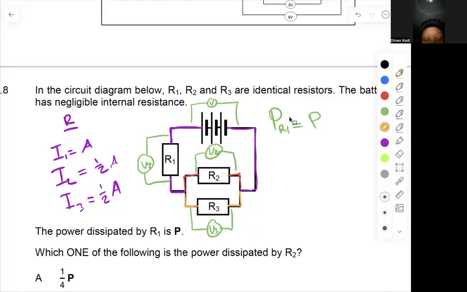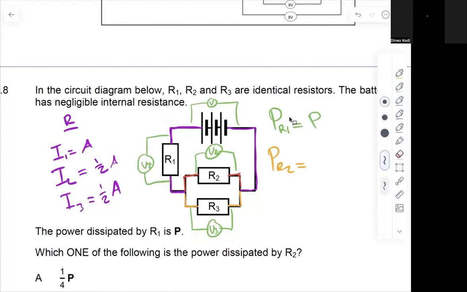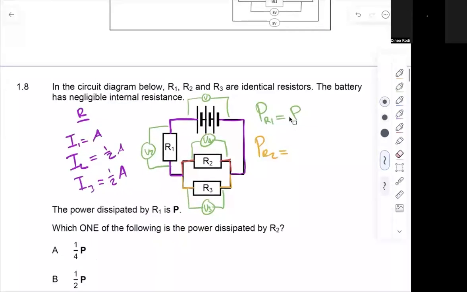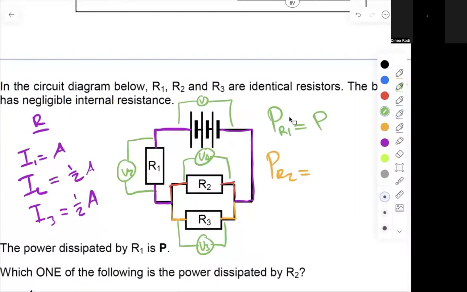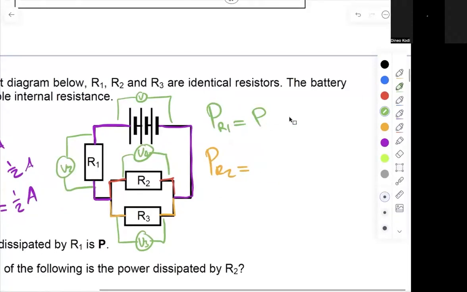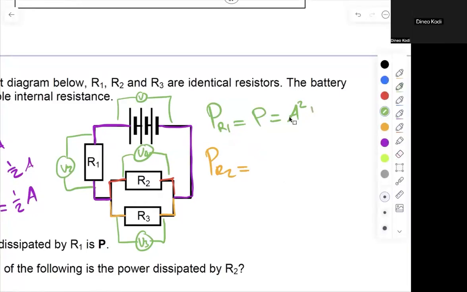If we work out the power for R1, we said we're going to use resistance and current. That's going to be I squared R, where the I in this case is going to be A. So it's going to be A squared times the resistance of everything, which is R.